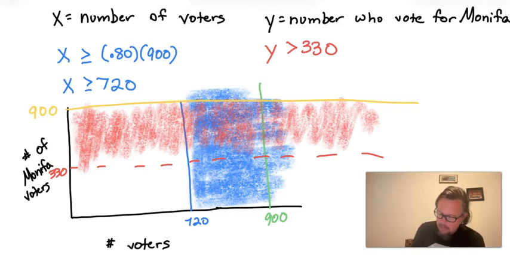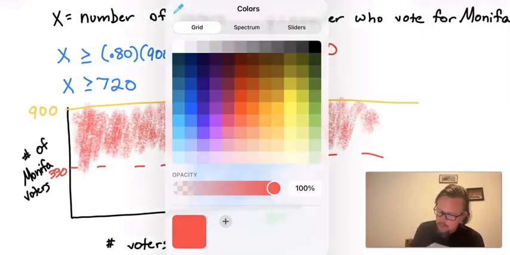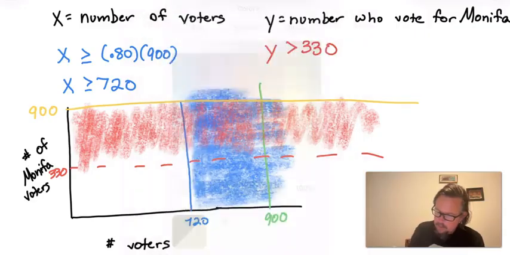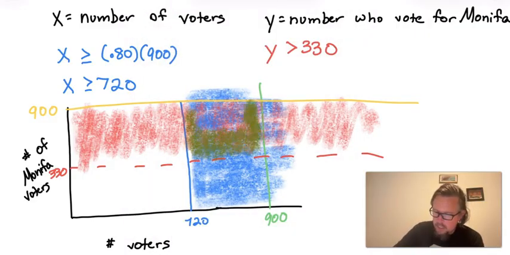So you can see we've got this little square here in the middle. Let's pick a really obnoxious color, this sort of nasty brown color here. This square right here, that's where our solution is, right?